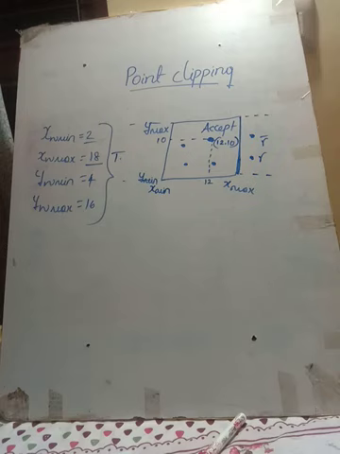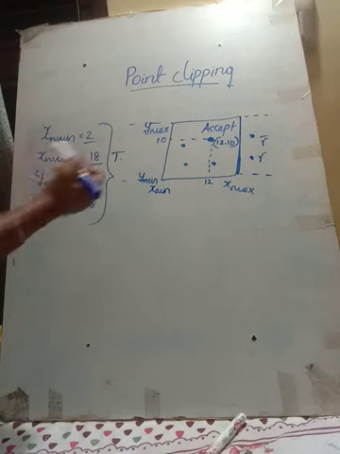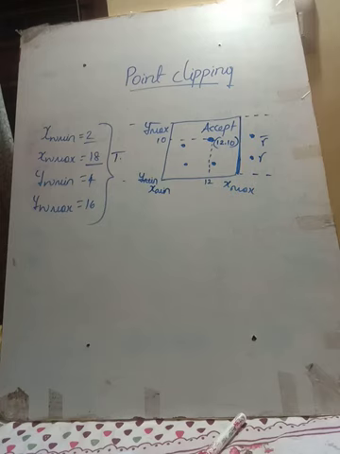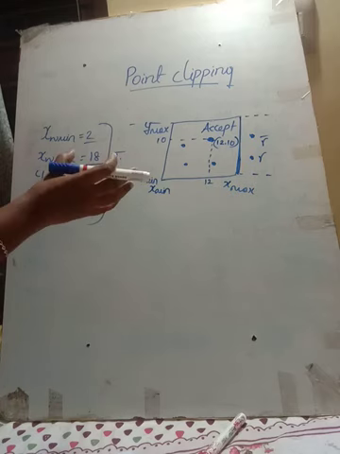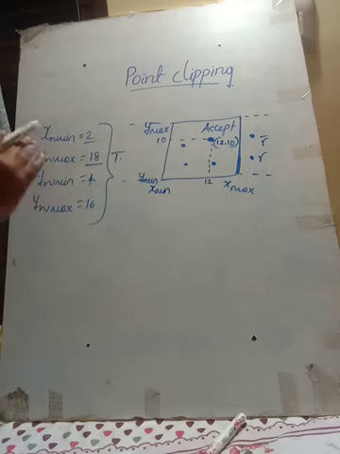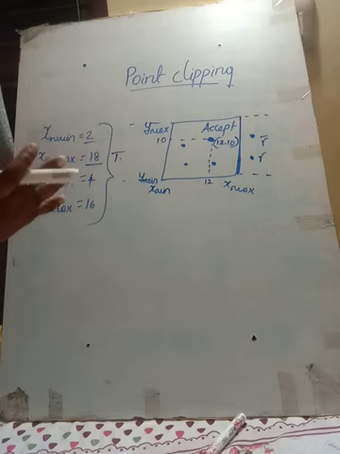While joining, maybe one point is inside the window and the other point is outside the window, due to which part of the line may lie outside the window. So we have used some technique to clip. But in point clipping it doesn't happen, because there are individual points. Either a point is within the window or outside the window. If it is outside the window, you can just reject it. If it is inside the window, we should keep it.